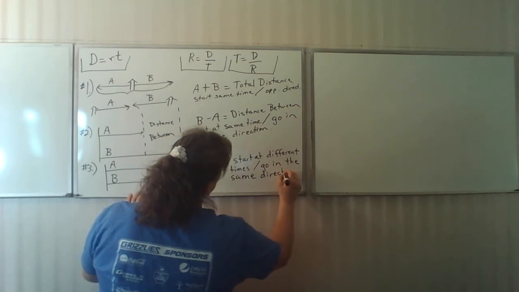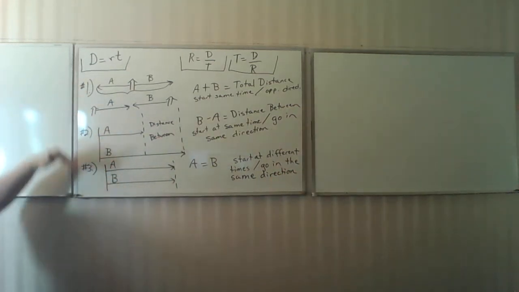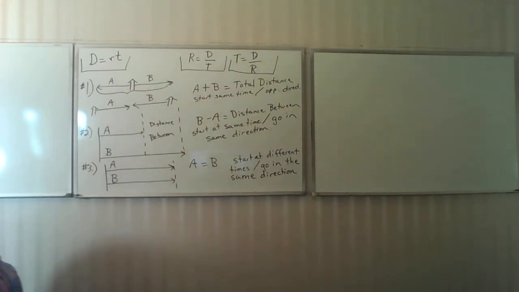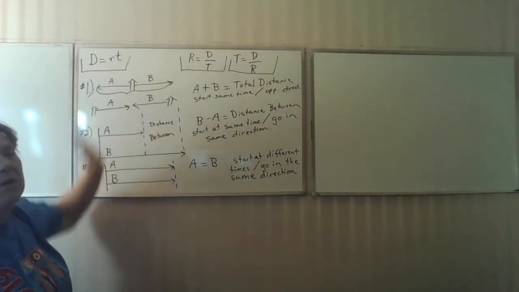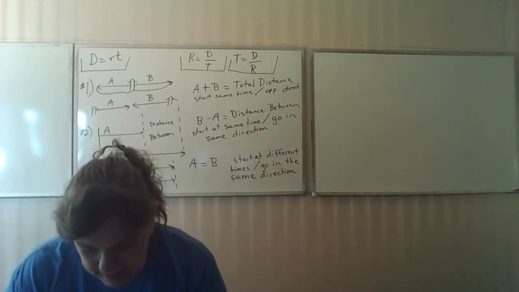Okay, so these are the three kinds of distance problems that are more complex that we will deal with. But you will also deal with just simply applying the formula. And that's exactly where we will start on these problems.